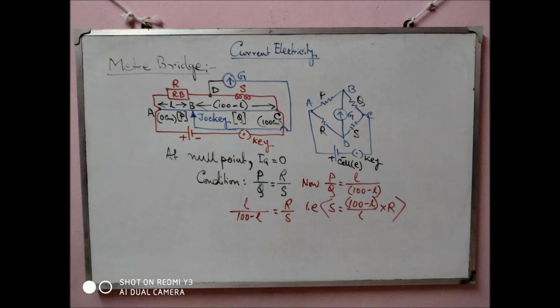That means 50% current passes through the upper part, 50% current passes through the lower part. Now the question is, what is the range of sensitivity? 50% is maximum sensitivity, agreed. But what is the range? The sensitivity range is 30 to 70 centimeter. Whenever we get a reading between 30 and 70, it's okay.